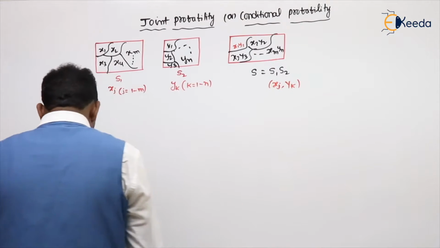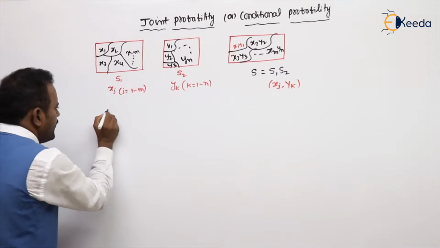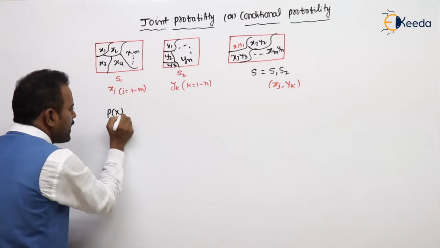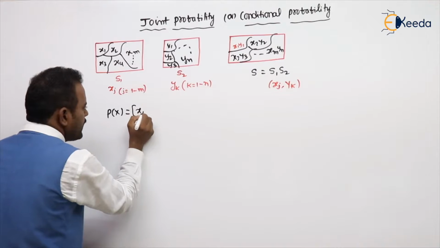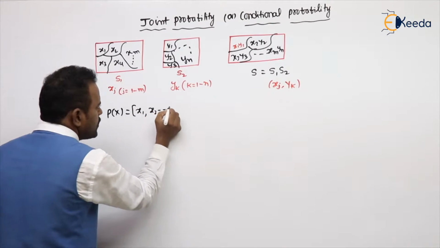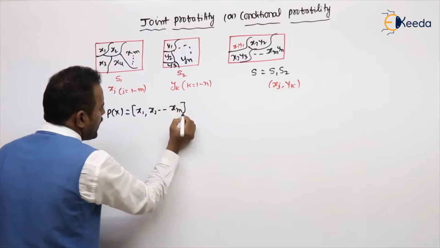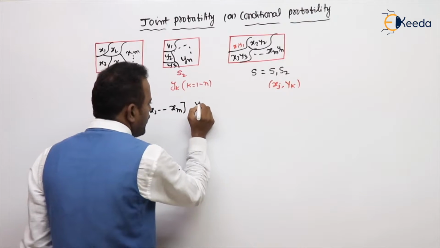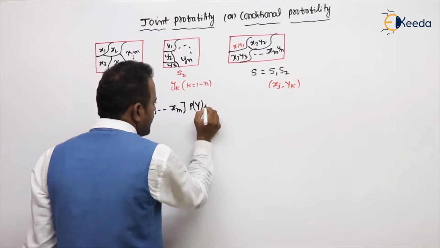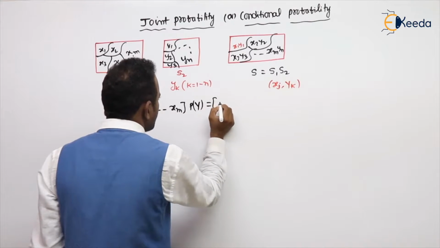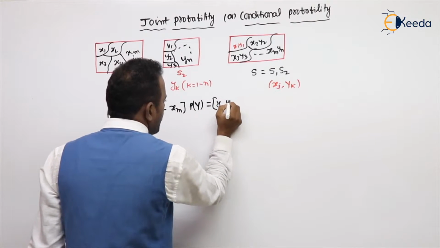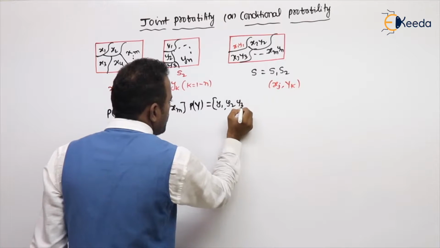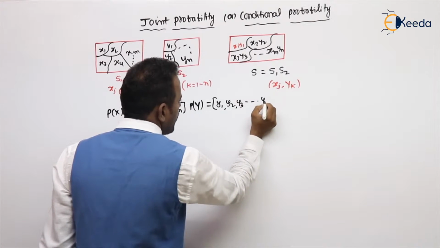What is the input set? That is nothing but x1, x2, and so on, up to the last symbol xm, 1 to m. What about y? The complete set for y is y1, y2, y3, and so on, up to yn.